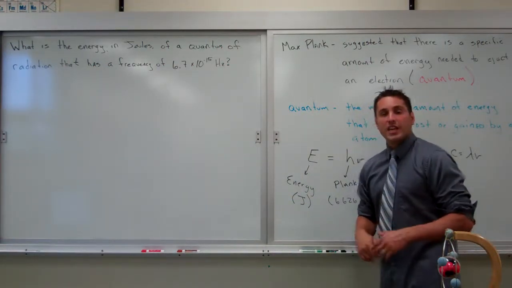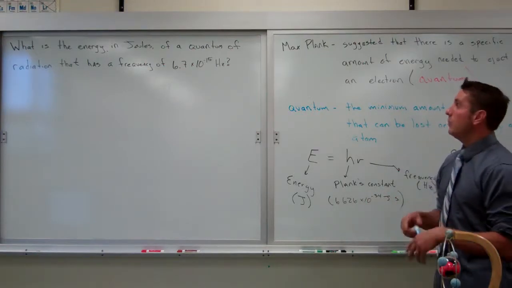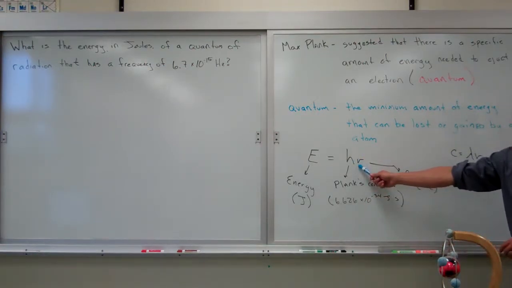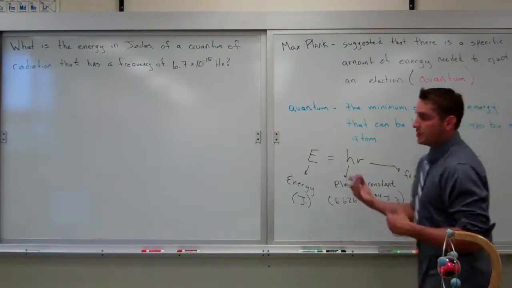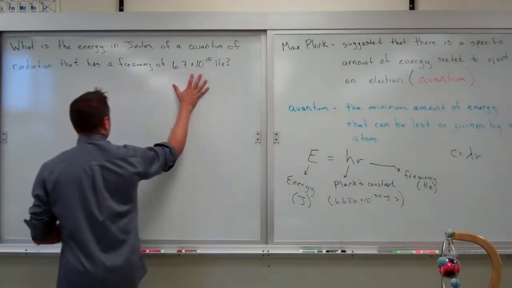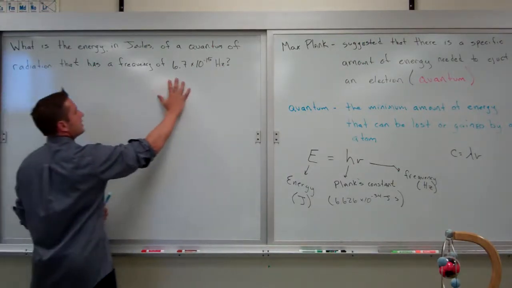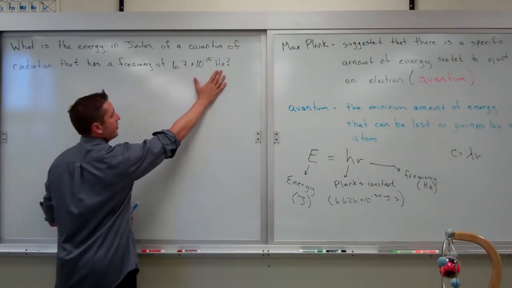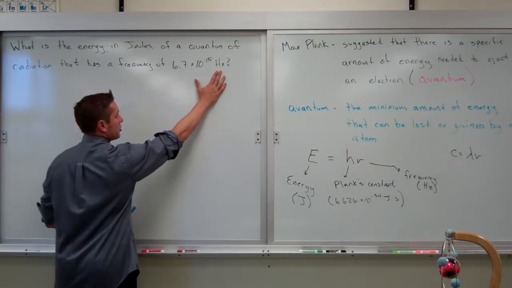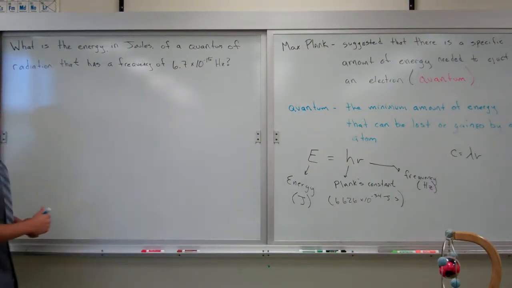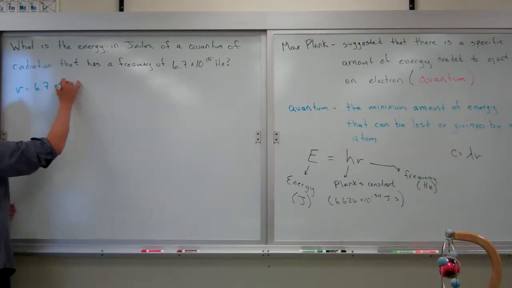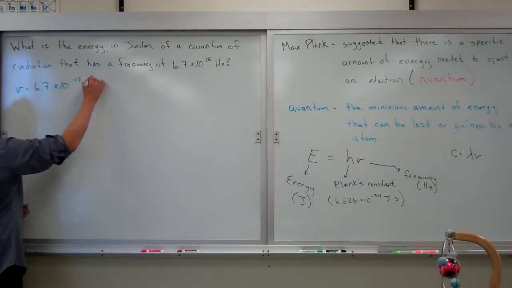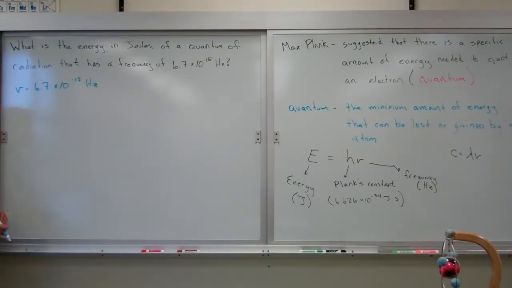The good news is we use the same system for solving these types of problems as we did for the previous ones. I look at my number and decide what it is. 6.7 times 10 to the negative 15th hertz. Hertz measures frequency, so we know that v is equal to 6.7 times 10 to the negative 15th hertz.